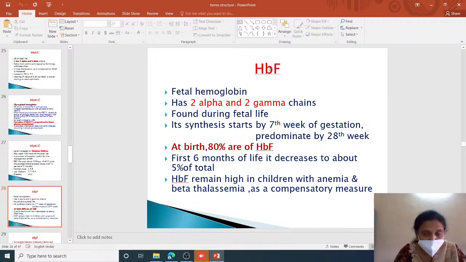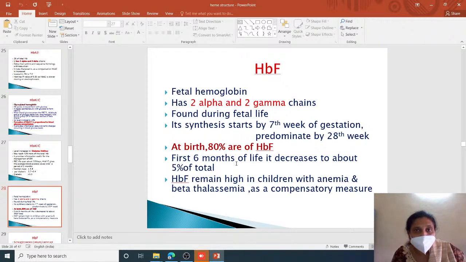So this HbF is mainly present during the fetal life, its synthesis starts by the 7th week of gestation and it predominates by the 28th week. At the time of birth, 80% of the hemoglobins are of HbF type. Within the first 6 months of life, HbF concentration decreases to 5%.